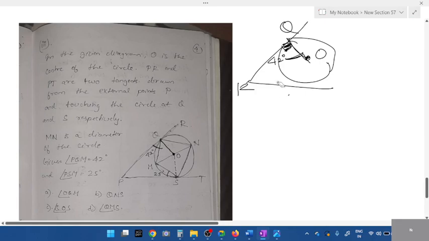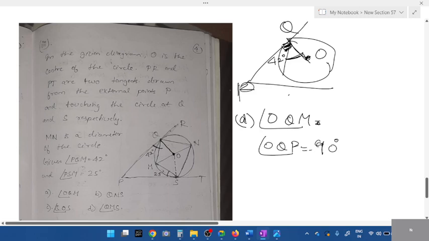How will you write this statement? If you directly write 90 minus 42, you won't get marks. See, I'll write it. First question A. Angle OQM. All of you concentrate. Angle OQM is equal to, first we need to take, you have to explain, angle OQP is equal to 90 degrees.